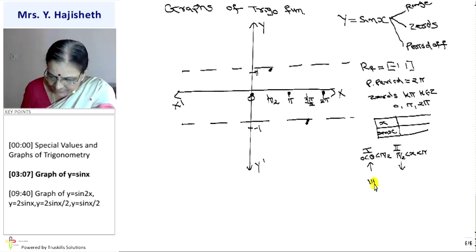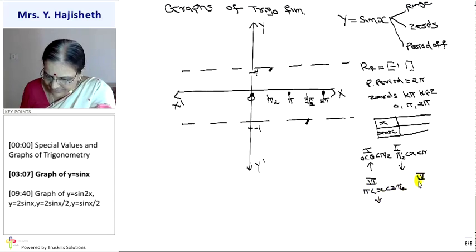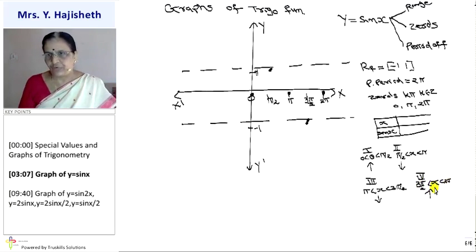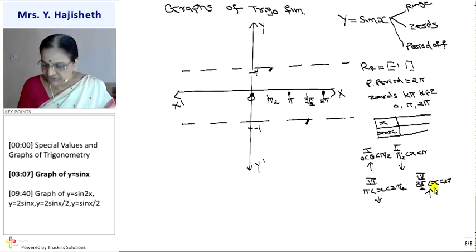In the third quadrant, from pi to 3 pi by 2, my sin is again decreasing. And in the fourth quadrant, between 3 pi by 2 to 2 pi, my sin is increasing. See, all the information is with you.